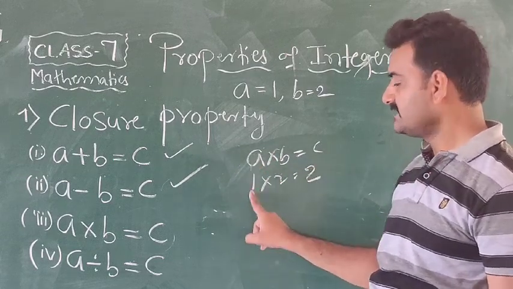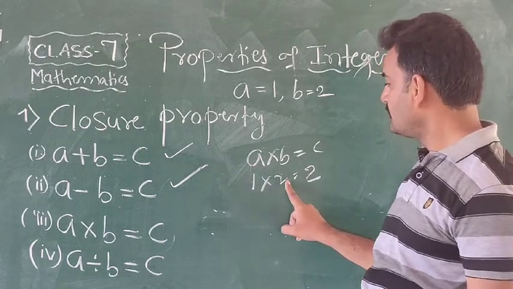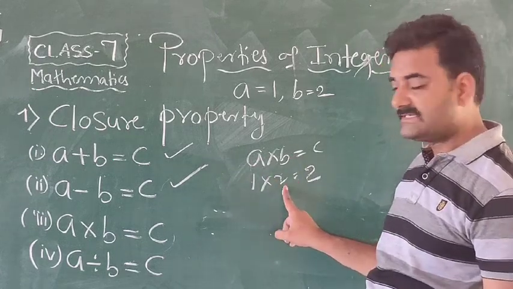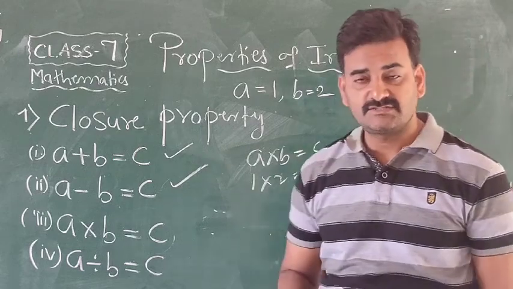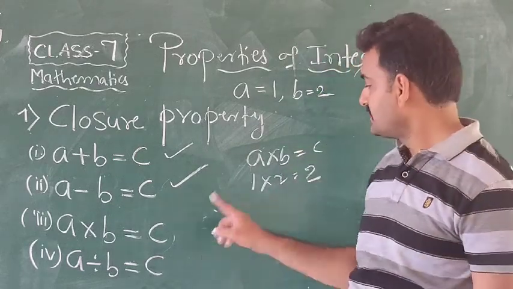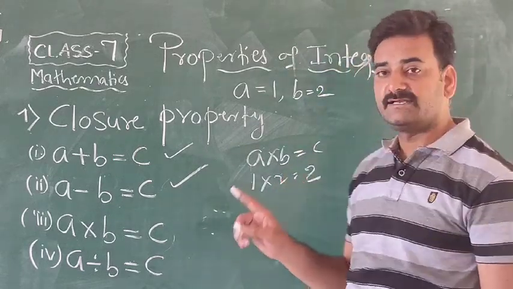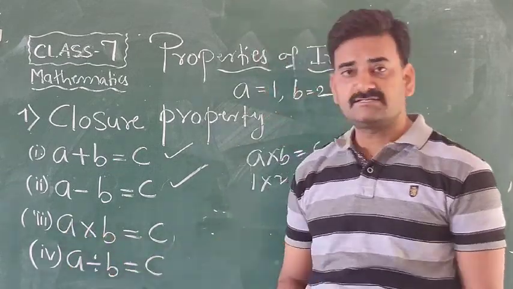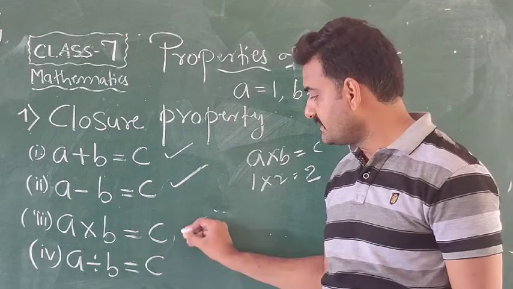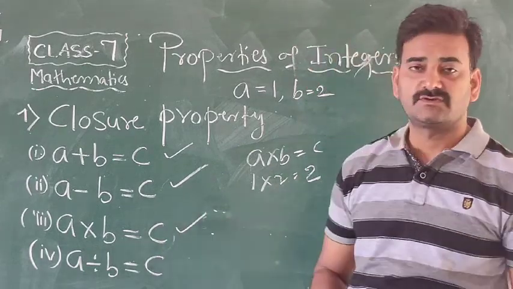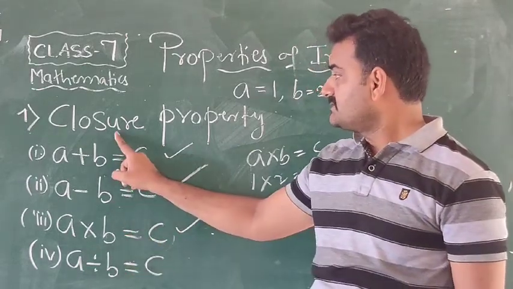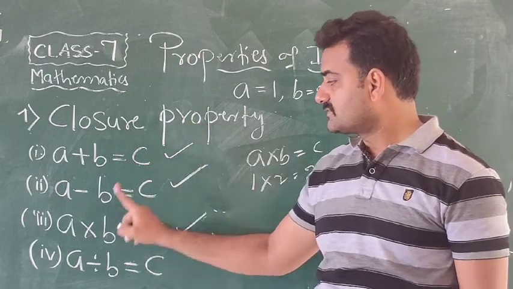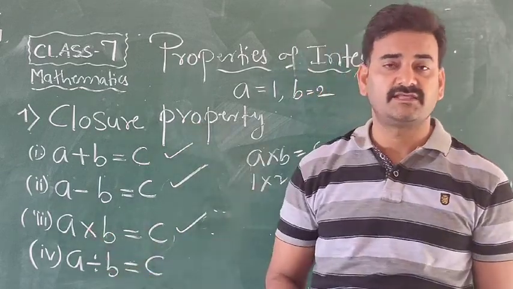So a, that is 1, is integer, b, 2, is integer. The solution we are getting, 2, is also integer. That's why the product of any two integers is always an integer. This also holds good. Closure property holds good under multiplication.